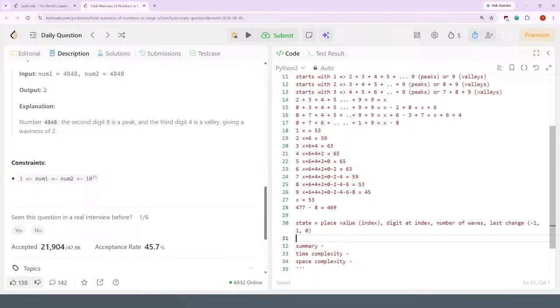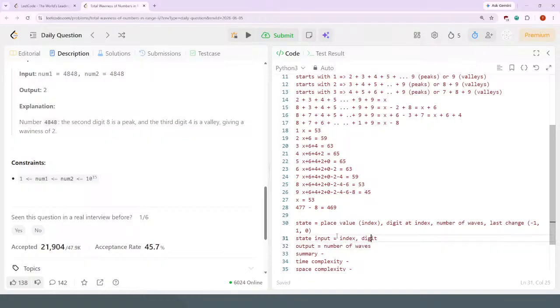I guess the input to the state would just be the index, the digit at the index, and the output would be the number of waves.